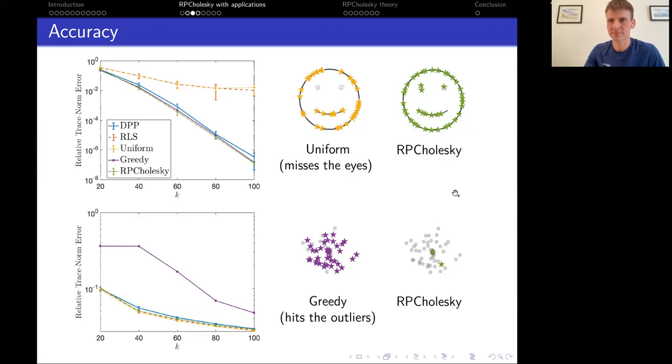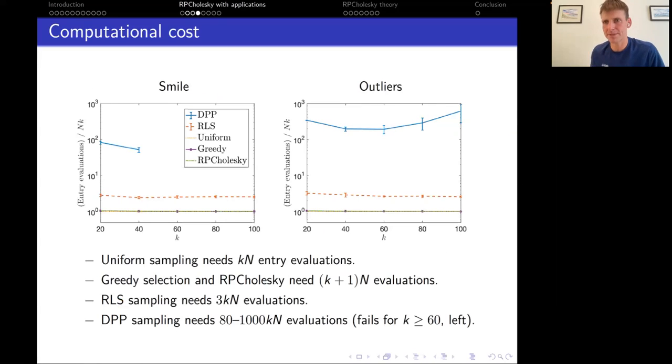That's for intuition. Folks in computational linear algebra care a lot about runtime. There are methods for selecting centers, also called pivots, also called landmark data points, which are exorbitantly slow. Determinantal point process sampling is a beautiful mathematical method that has not been implemented efficiently.